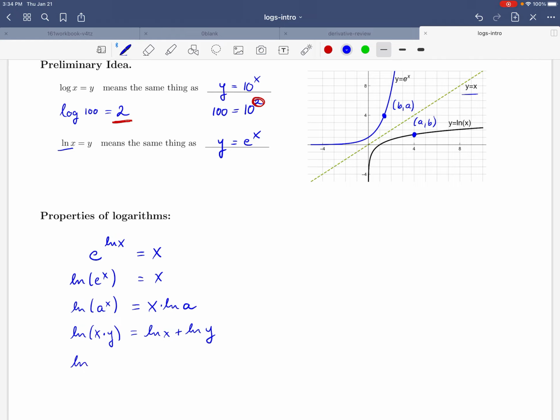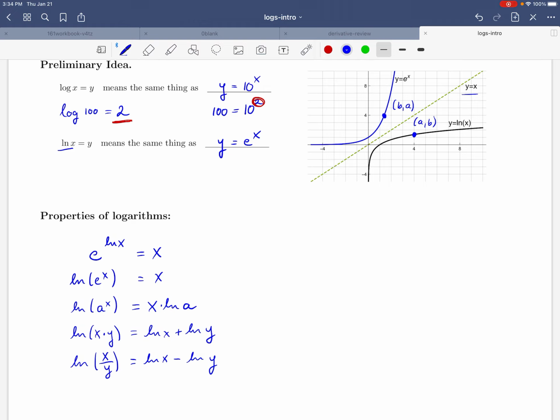We have a similar relationship for the ln of x over y. The ln of x over y is equal to the ln of x minus the ln of y. So these are all properties of logarithms that correspond to similar properties of exponents that come in handy when we want to solve equations or when we somehow need to transform a function to look differently.